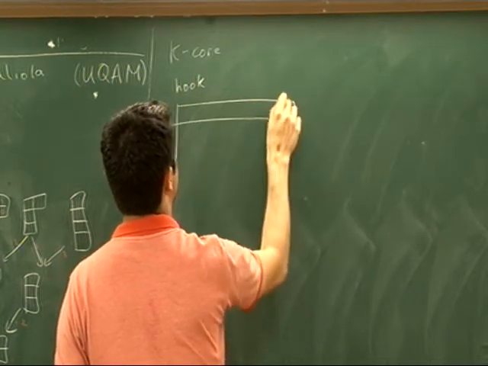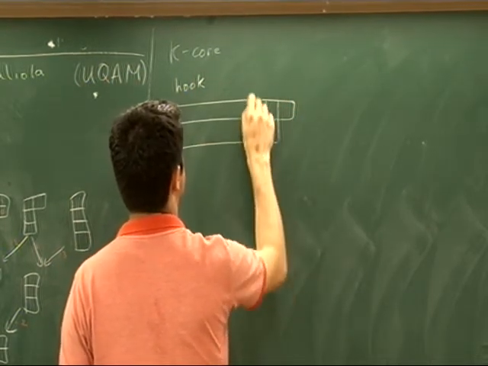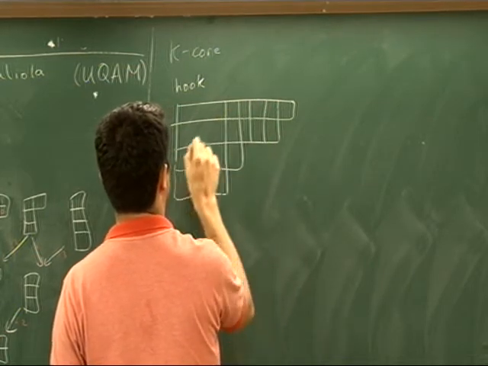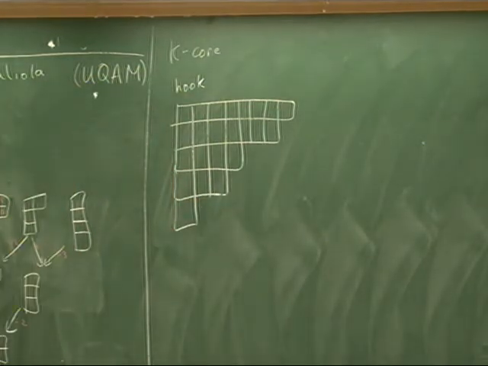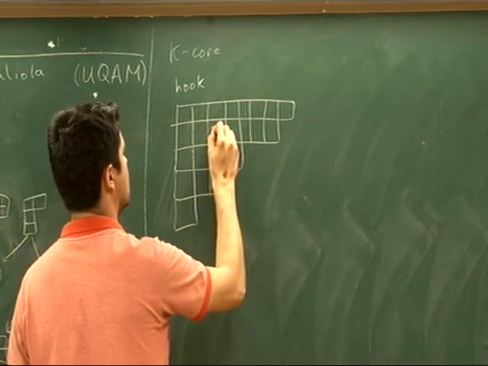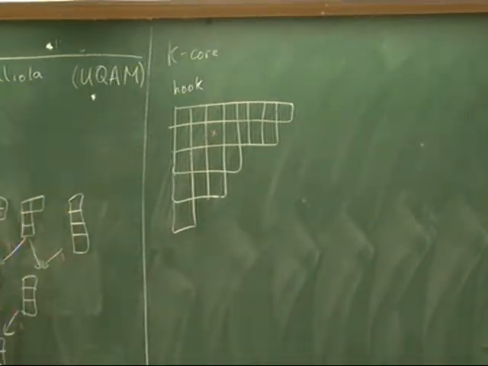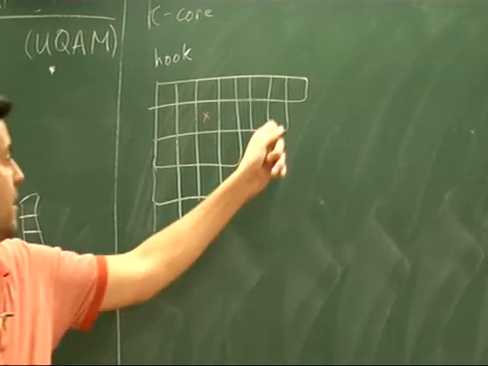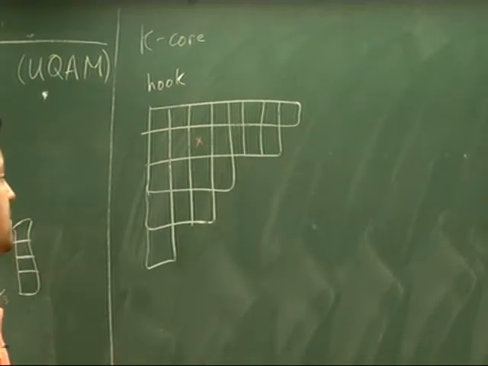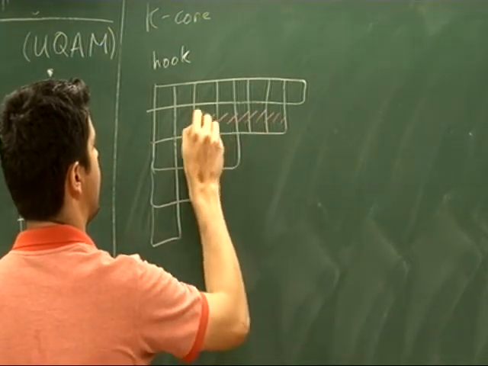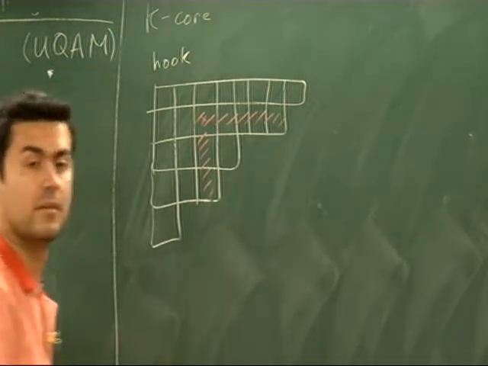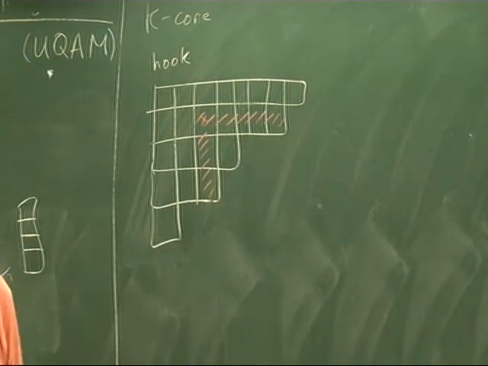So let's say we have a partition. Okay, and for a cell over here, I'm going to define the hook as everything that is basically in this diagram. Okay, so you go as far as you can until you hit the partition, and as down as you can until you hit the partition, and that's the hook.